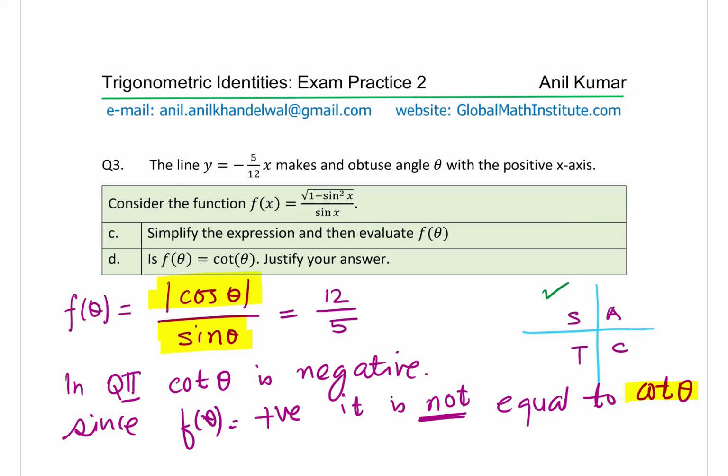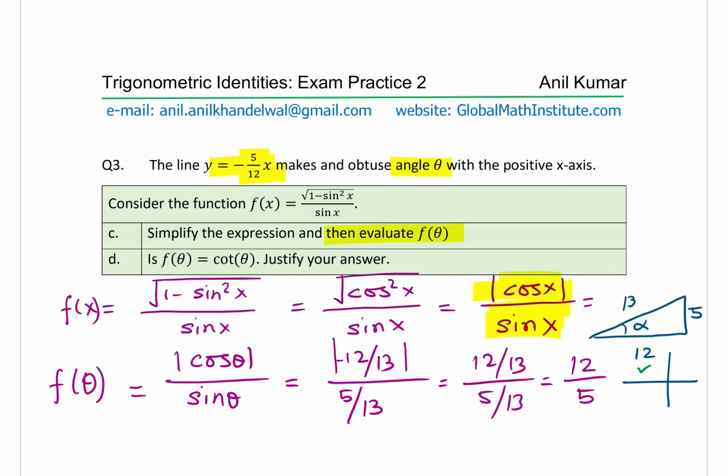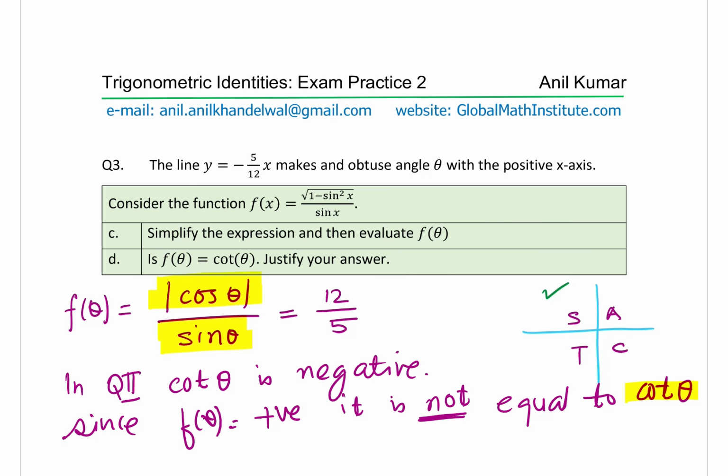So I wanted to highlight the point that if we have square root of x squared as it is given here, it is not just x, but absolute value of x. Is that clear to you? So it's kind of important to understand this part, and that makes a lot of difference in examination test paper.